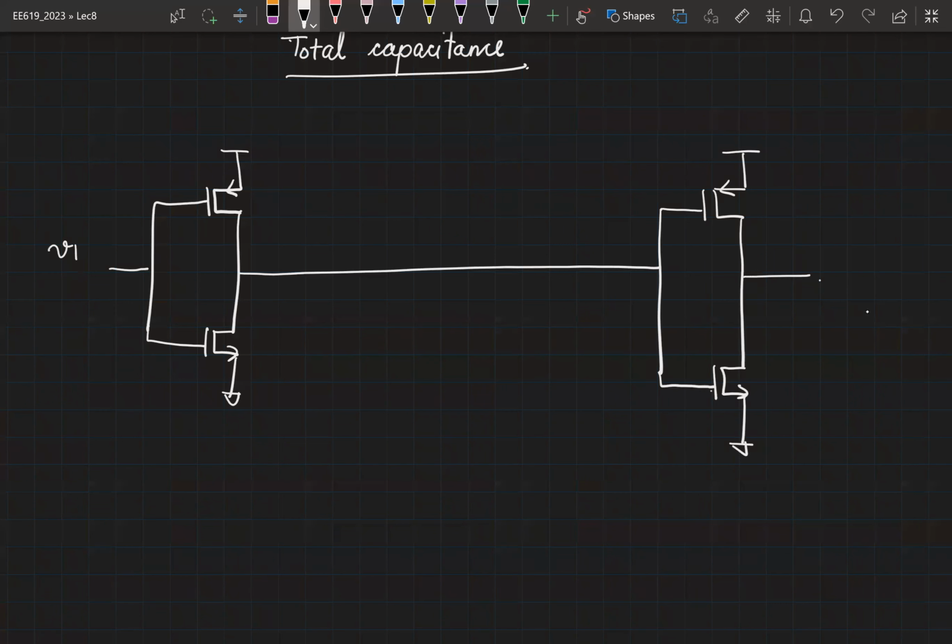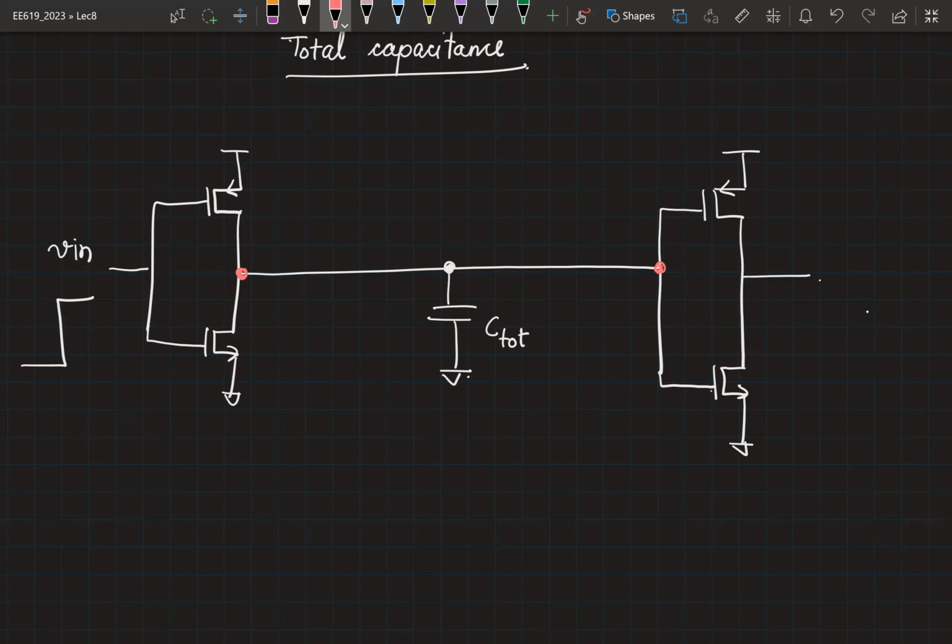So this is your input, which is a step input. Here you have the output, and we are assuming some capacitance at this node. So what all capacitances will contribute to this C? So we have to look for capacitances that are connected to this node and some other node, right?